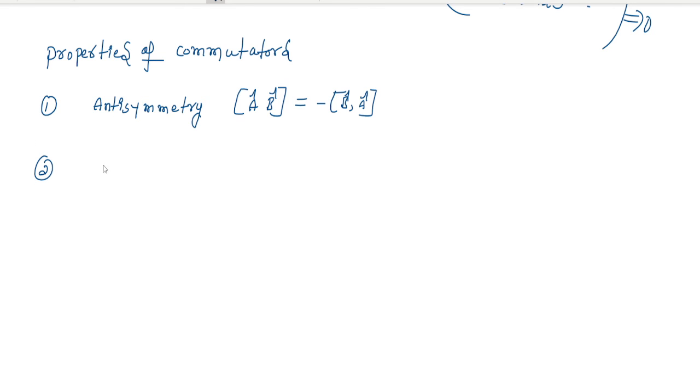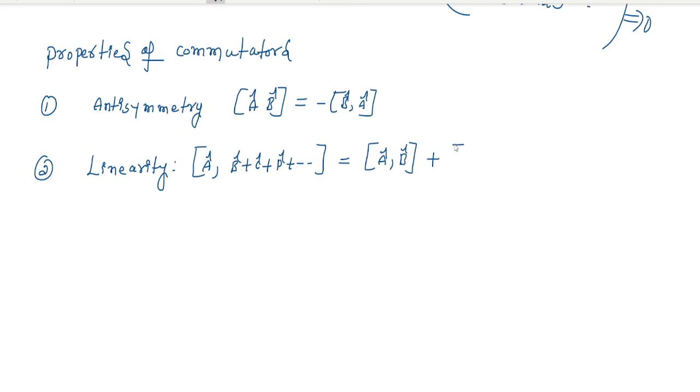Second one is the linearity: [A, B plus C plus D and so on] you may get [A, B] plus [A, C] plus and so on.